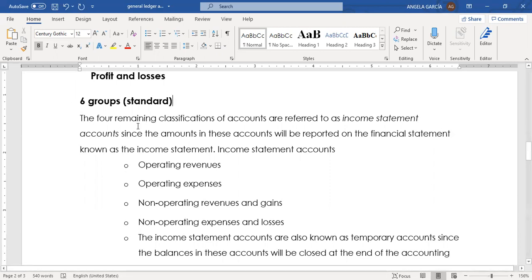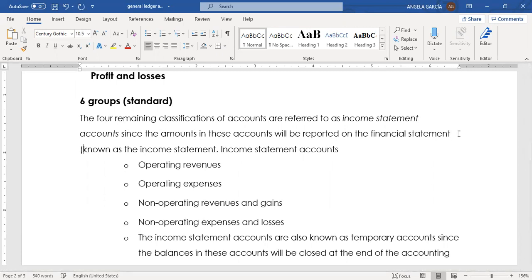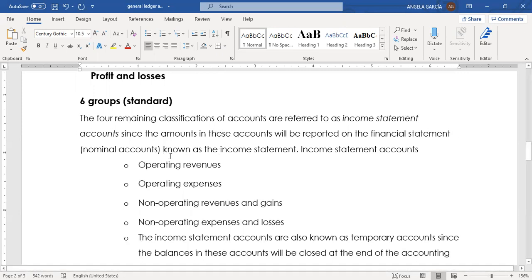So remaining with the 4 remaining classifications of the accounts, since the amounts in these accounts will be reported on the financial statement, we are talking about nominal accounts. So those 4 groups are nominal accounts that we are reporting within the income statement. So this is known.